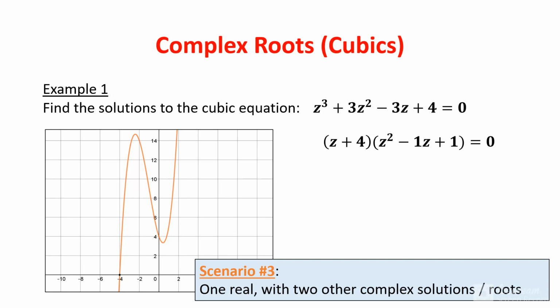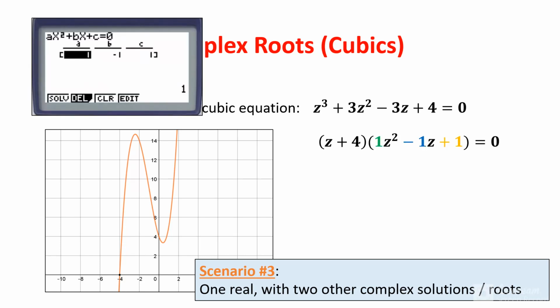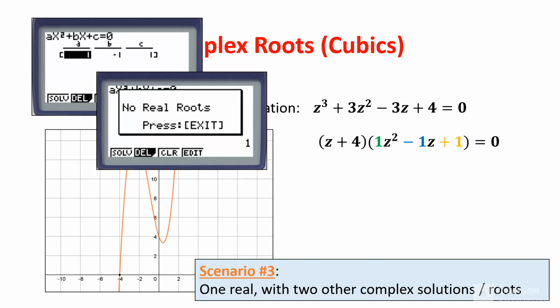All right. Well, this part's a quadratic, and the third bracket makes it the cubic. If we try to solve this quadratic, so put in a is 1, b is negative 1, and c is 1 into our calculator to solve, you'll notice it comes up with no real roots. That's because it can't be solved because they're complex roots.